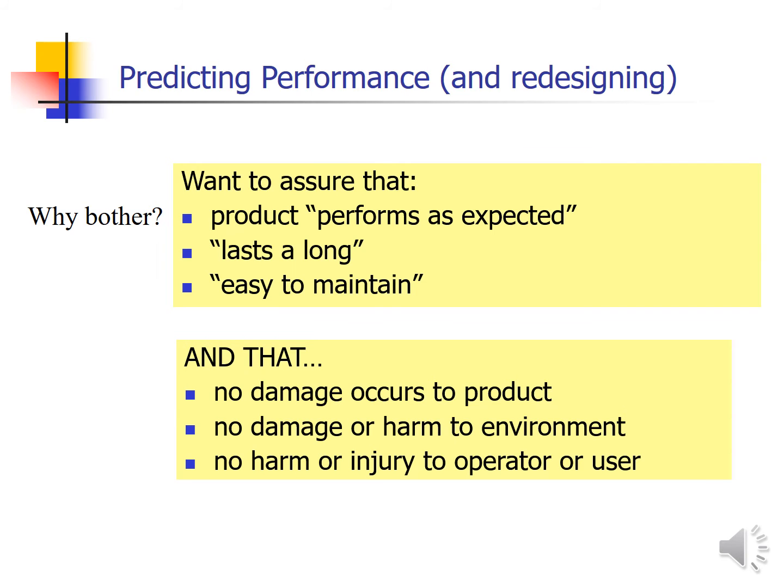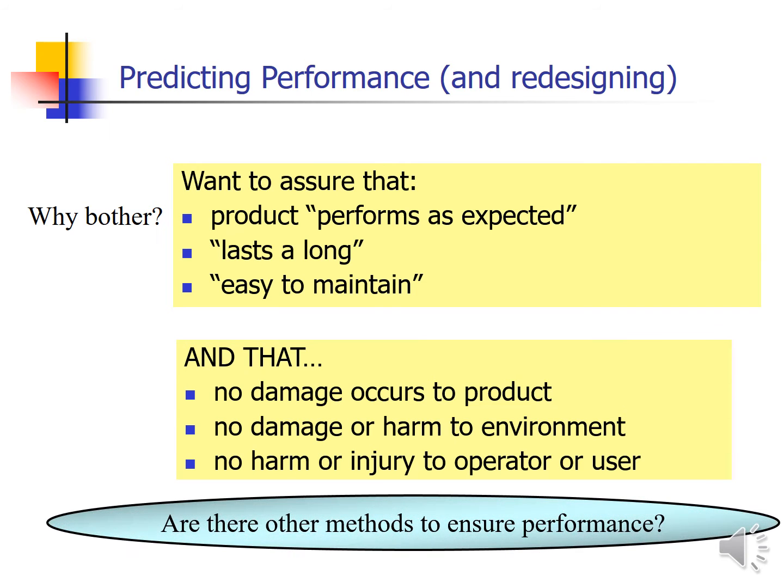Okay, why do we wonder about product performance? Why do we want the product to perform as expected? How can it last long? Is it easy to maintain? Okay, these are some questions you can think about for performance prediction.